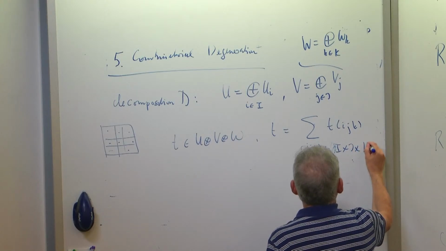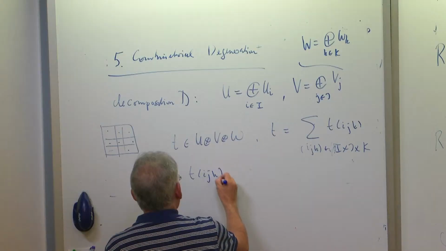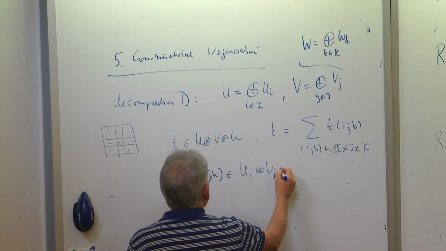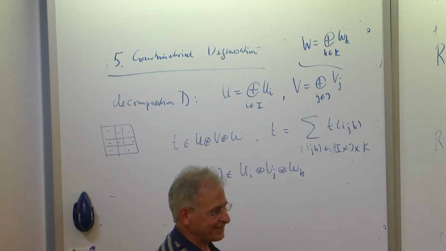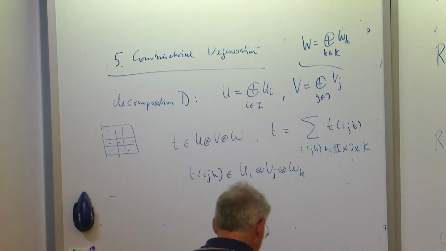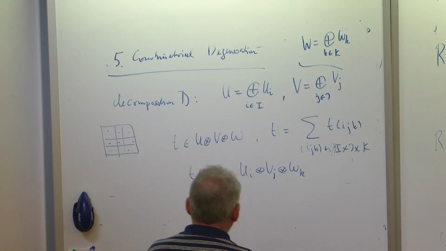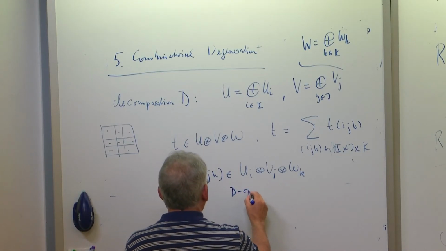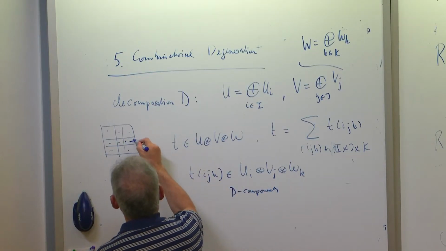This is like a combinatorial cube. And the Tijk, I can think of as lying in this tensor product. Actually, I enlarge these spaces. I hope you understand. These things I call the components.